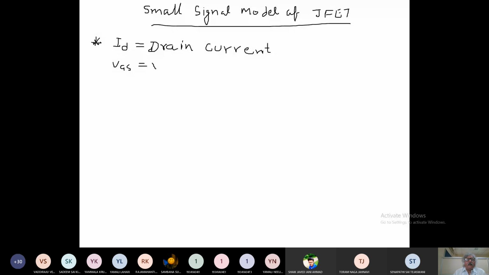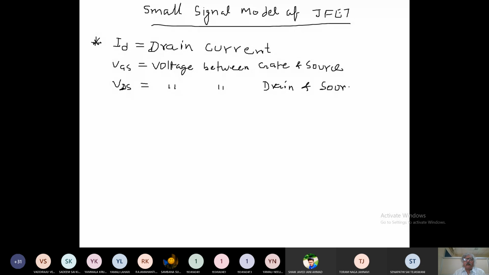VGS, voltage between gate and source, and VDS is voltage between drain and source. And RDS is the drain on resistance.